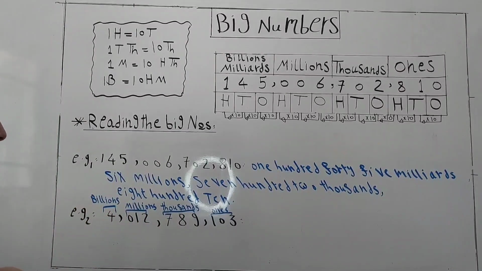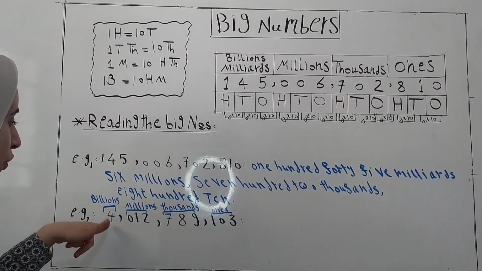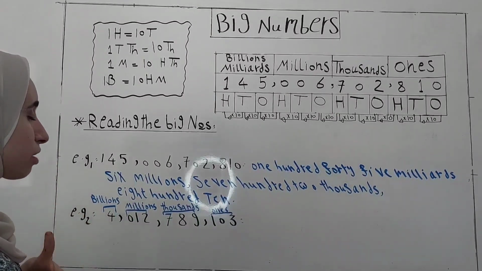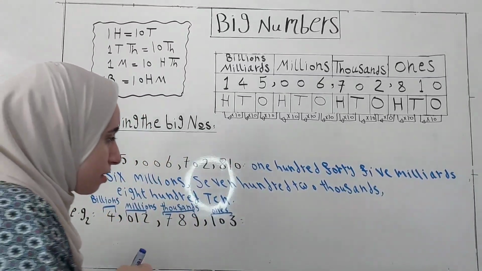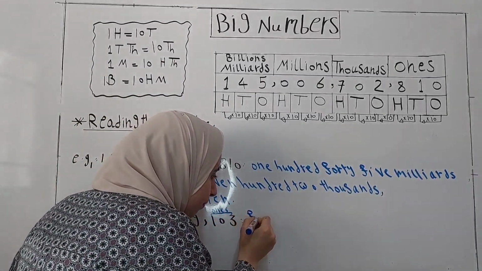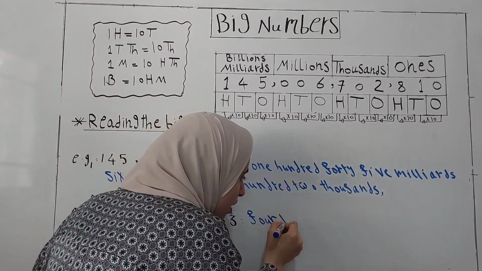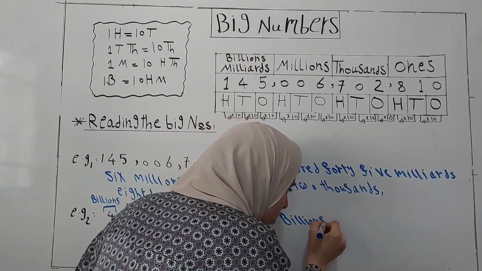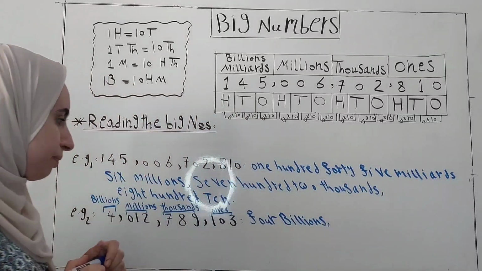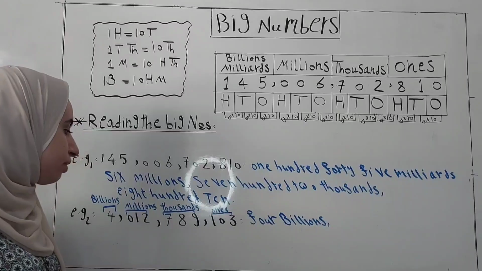Now we start from the left. We read this number 4. Its name is billions or milliard. So we read it like that: 4 billions, or also milliard.